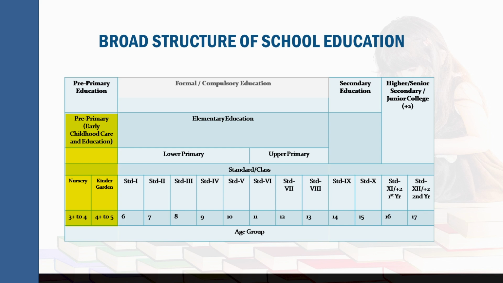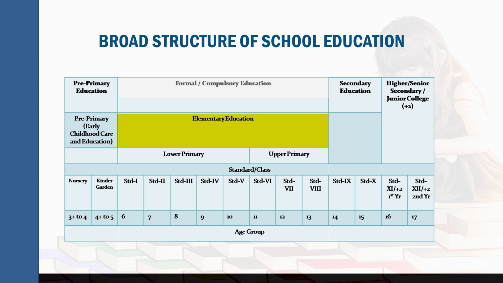The nomenclature and the terms of different classes or sessions in pre-primary education may differ, but 2 years of pre-primary education is there in both government and private schools. And further, the formal and compulsory education system is a type of elementary education.